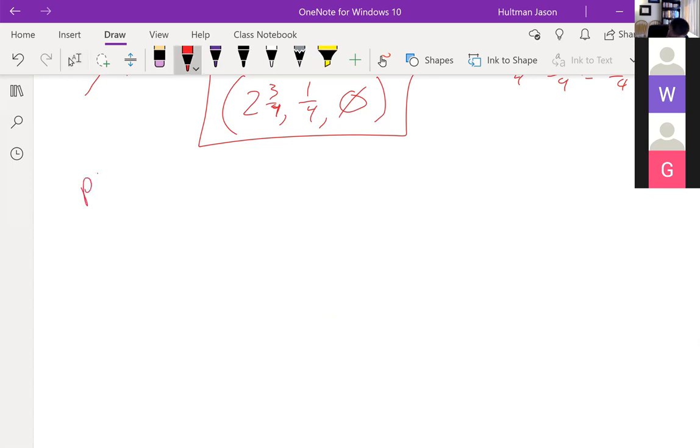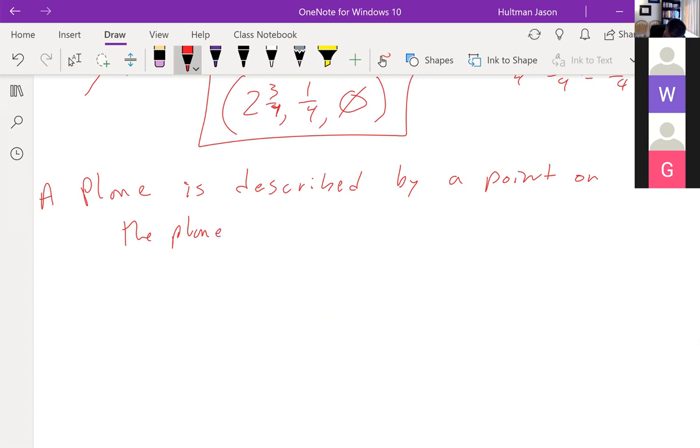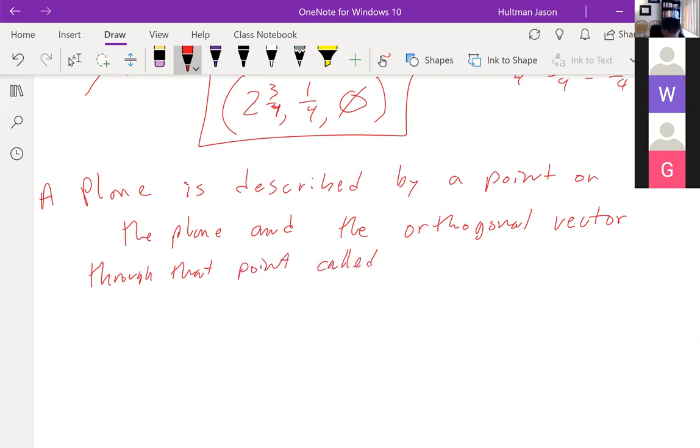Okay, let's talk about what a plane is. A plane is described by a point on the plane and the orthogonal vector through that point, called the normal vector, or lowercase n for short.